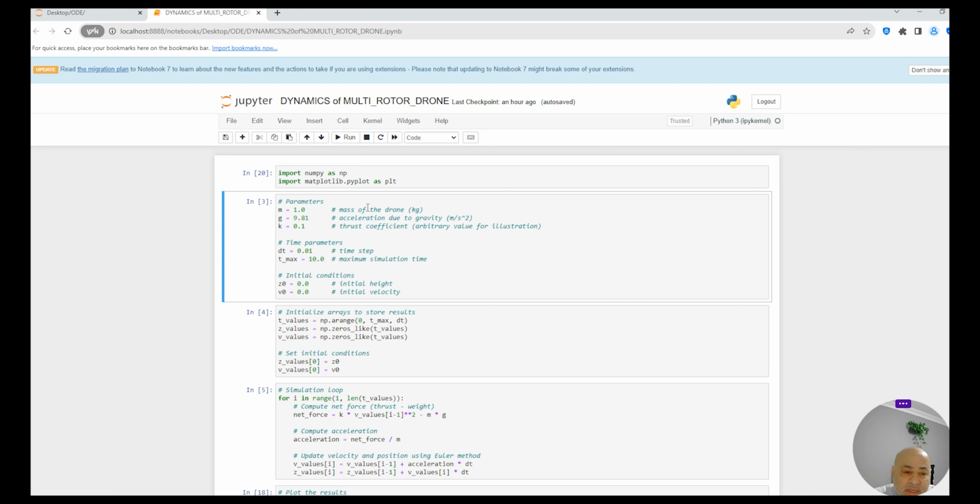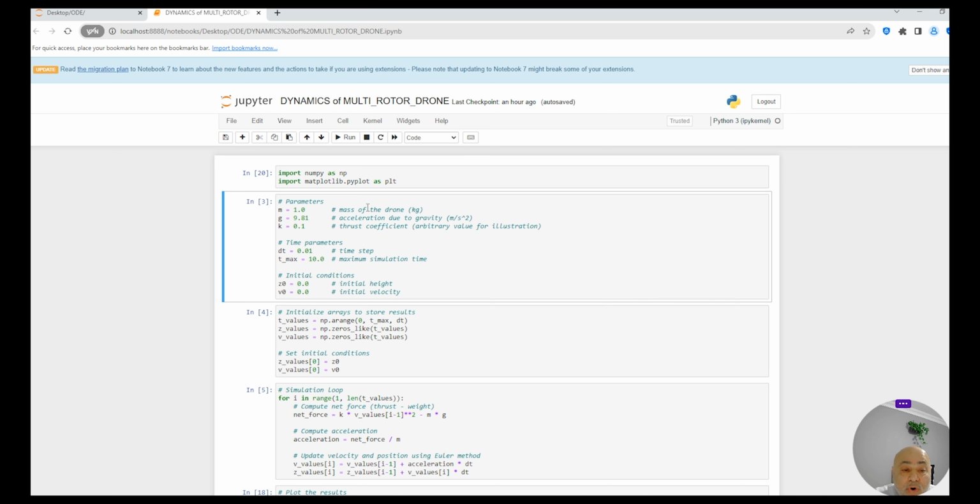And if you notice in this example here, I am not just using zeros, I'm using zeros_like, which means that the array I am creating is going to be filled with zeros, but it's going to take the shape, dimension and type of data of the array which we have created earlier, which is t_values.